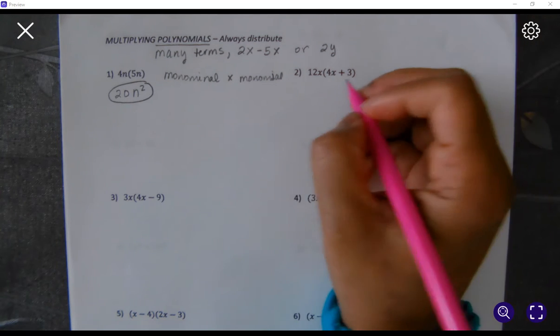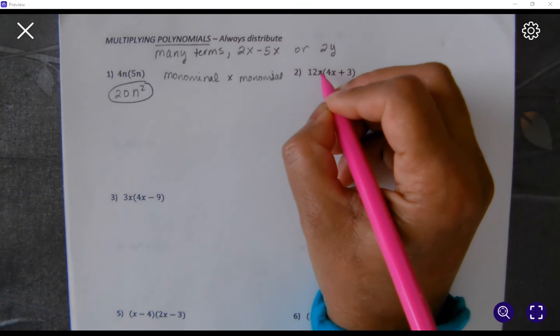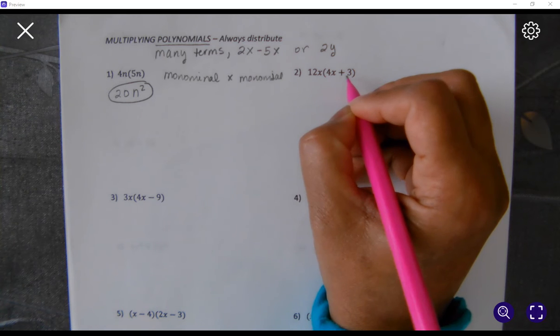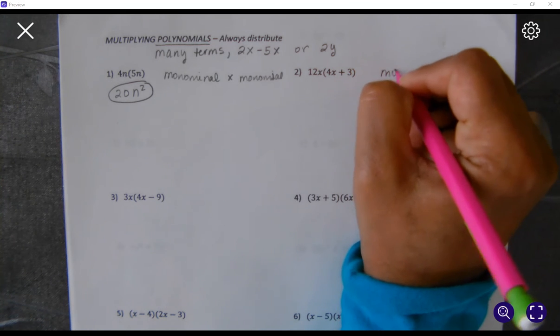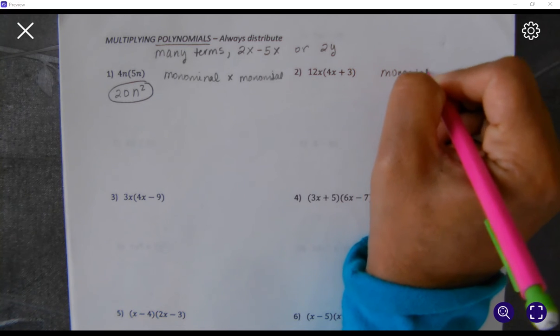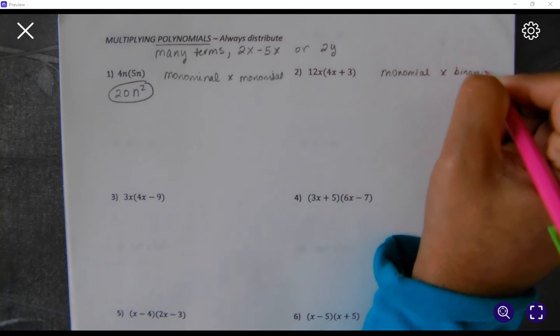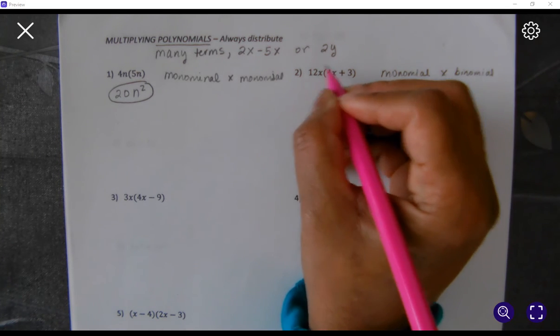Over here you have a monomial, one term. This whole thing here is considered one term, and we're multiplying it with a binomial, which has two terms right here. So this is a monomial multiplied by a binomial, and it looks like this. Here we are going to distribute.